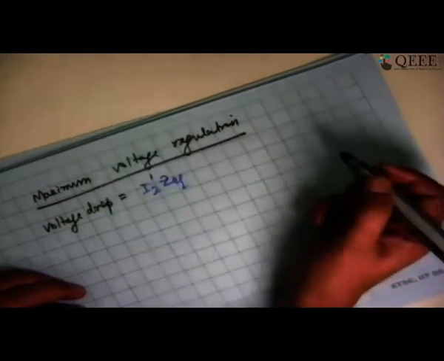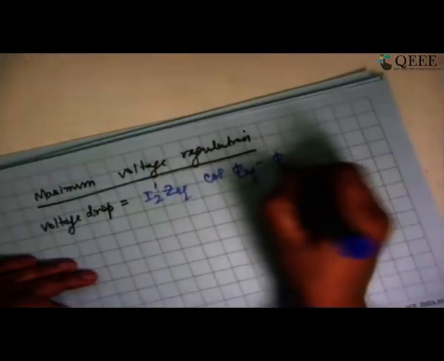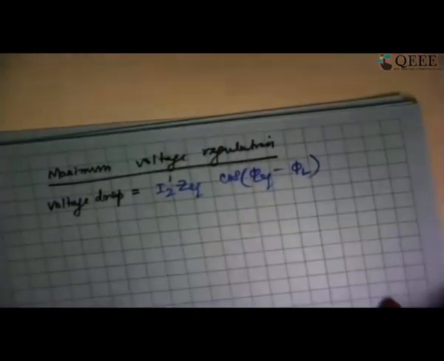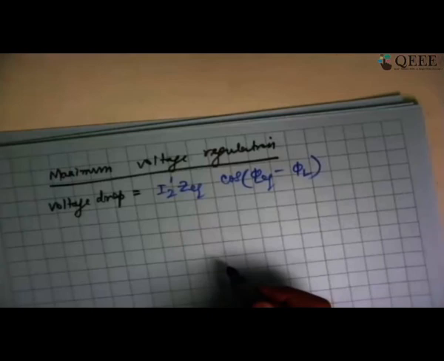We had written the voltage drop expression, if you may recall, as I2 dash Z equivalent cos of (phi equivalent minus phi L). When is this expression maximum? You guys can tell me.